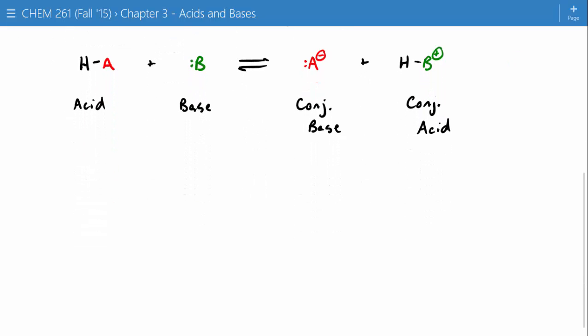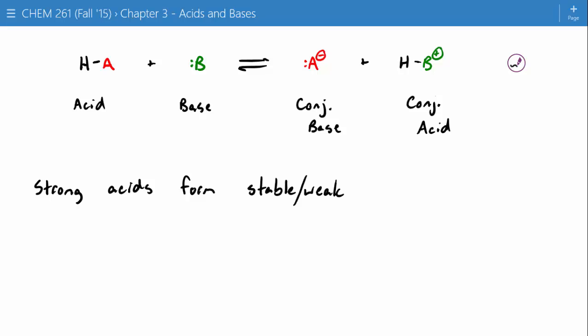But there's one other important thing that I did want to talk about. If we've got a strong acid, what does that mean about our conjugate base? Yeah, exactly. So strong acids form stable, or weak, conjugate bases.